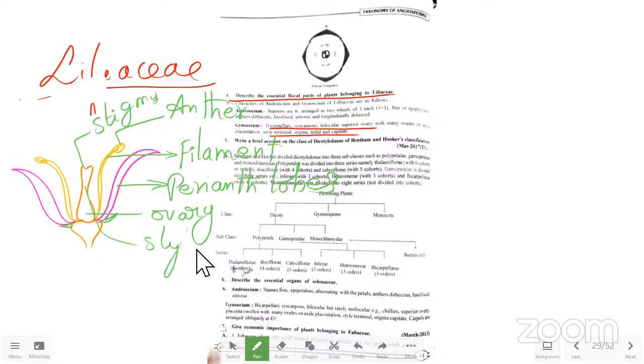This is a style. This is thalamus. Okay, like this we have to draw the diagram for the androecium.